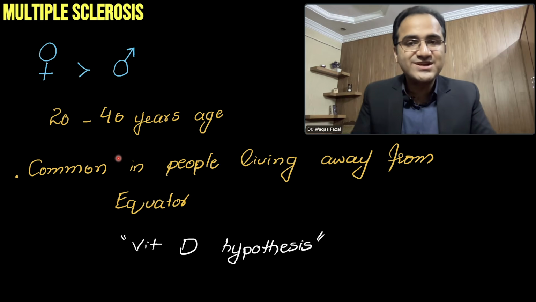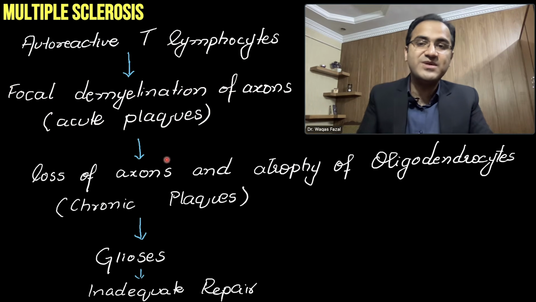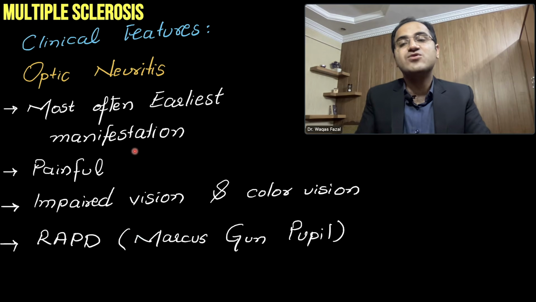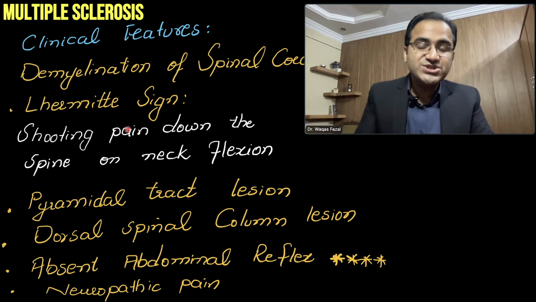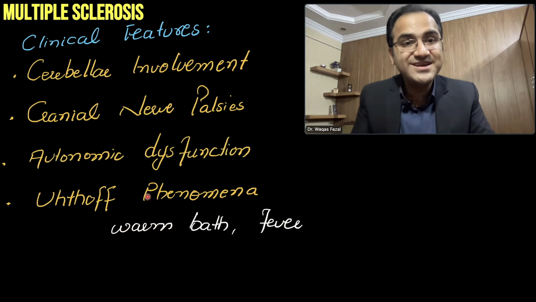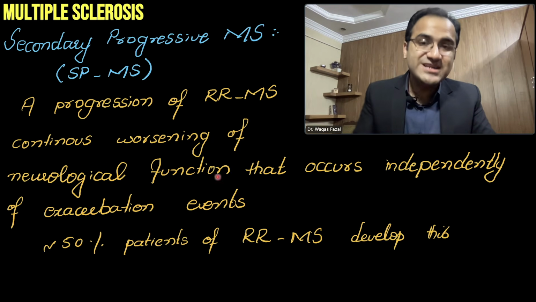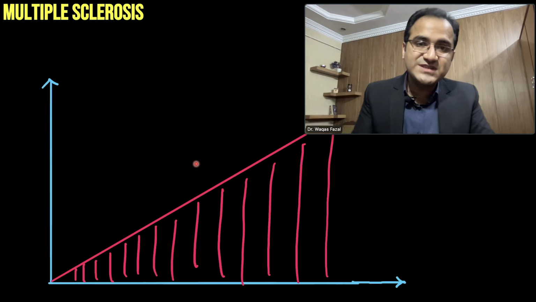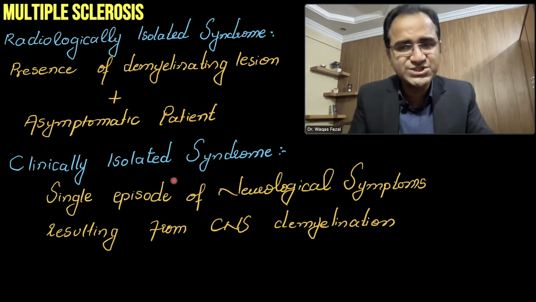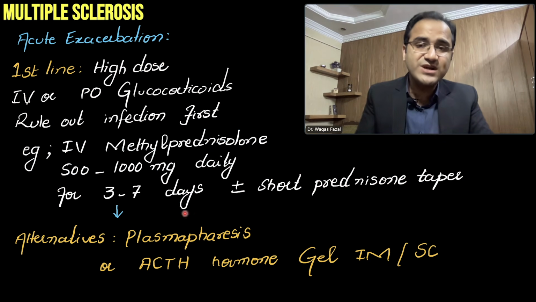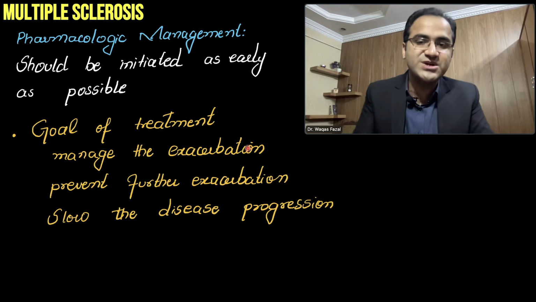We talked about what is multiple sclerosis, more common in females, vitamin D hypothesis, the etiology, genetic predisposition with environmental risk factors, autoimmune reaction that damages the oligodendrocyte, optic neuritis being the first and common site, internuclear ophthalmoplegia, demyelination of the spinal cord tract, cerebellum involvement, cranial nerve involvement, autonomic dysfunction, relapsing remitting phenotype of the disease, the secondary progressive phenotype, primary progressive phenotype, the diagnosis, McDonald's criteria, MRI being the main investigation, and the different phenotypes, acute exacerbation managed with steroids, long-term management including non-pharmacological measures and pharmacologic management.